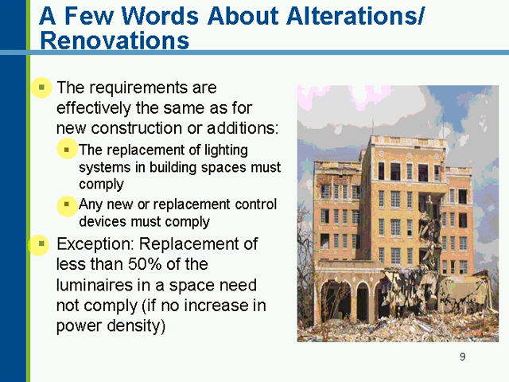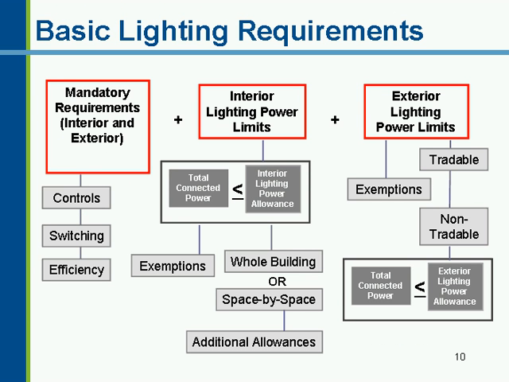You need to keep that in mind, not on a whole building basis, but an individual space basis. If you replace less than 50% of the luminaires in a particular space, then the requirements do not apply. It's only if you're replacing over 50% that the requirements come into play.